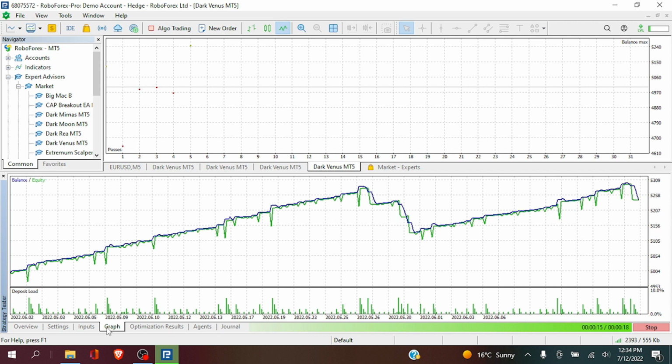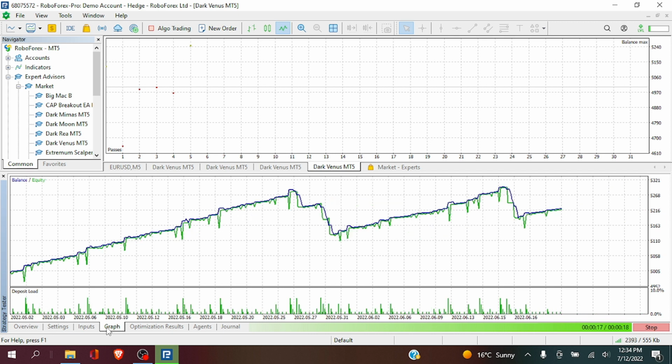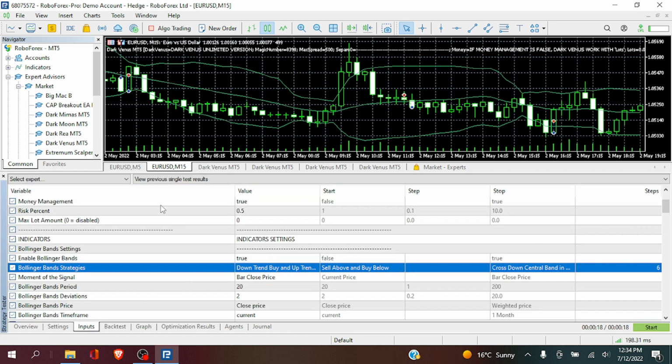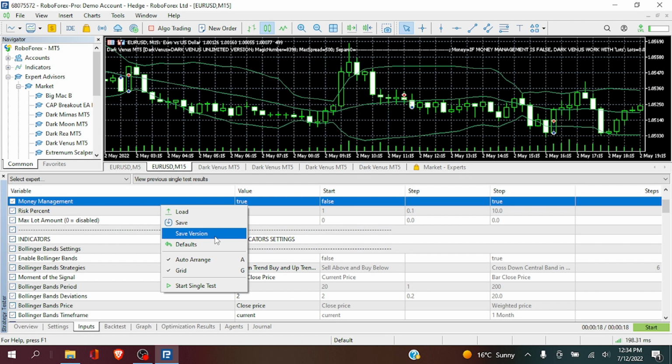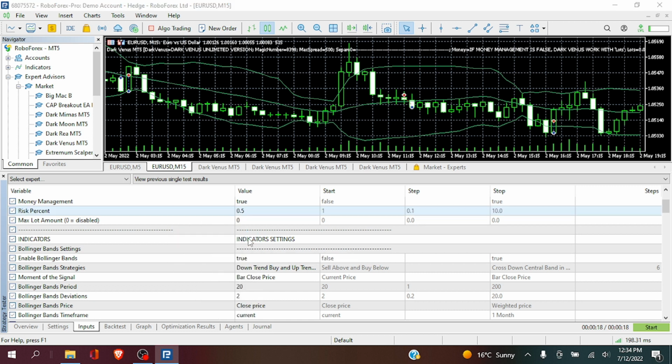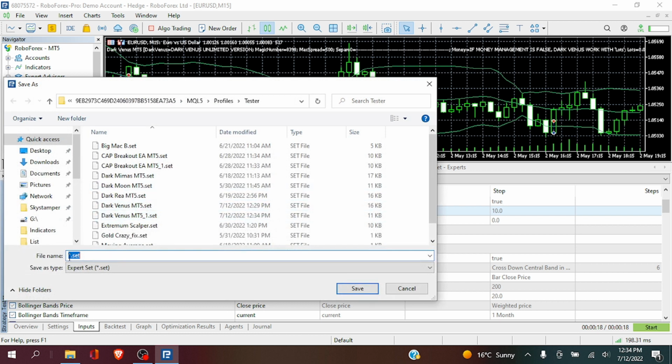And we already see an improvement to the original results that we saw when we ran the test. And this is going to be our first strategy for trading Dark Venus. So we will save this as Dark Venus 15-minute strategy or set 1.